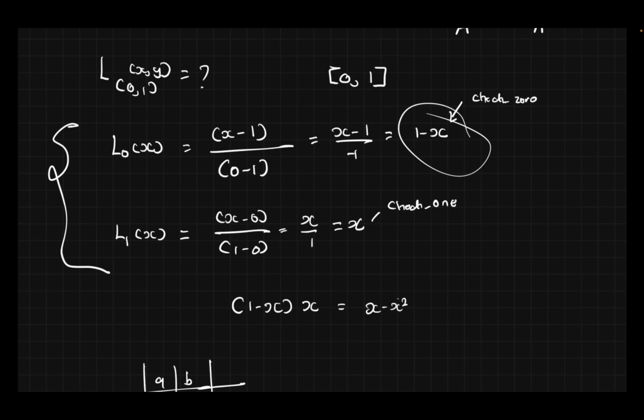So here now we are just focused on the interpolating set, not the points. The Lagrange basis doesn't care about y. They only care about the interpolating set. So in this case, the interpolating set is just 0, 1, and then we get the Lagrange basis. You cannot use the y values outside.